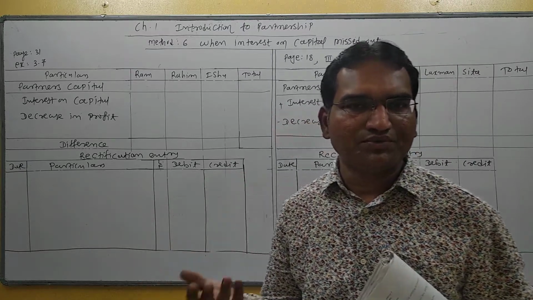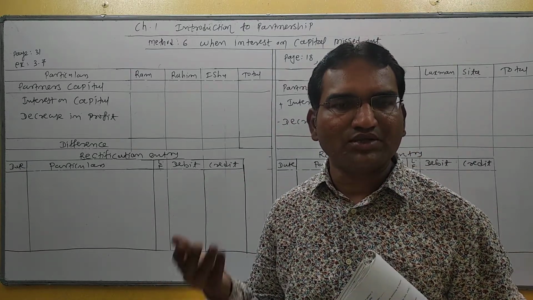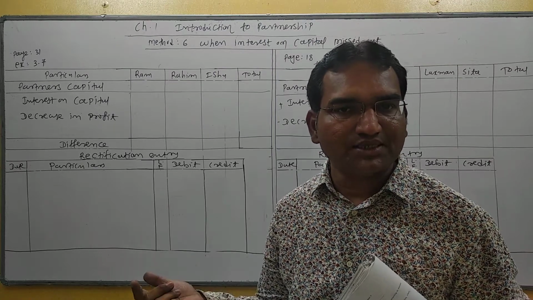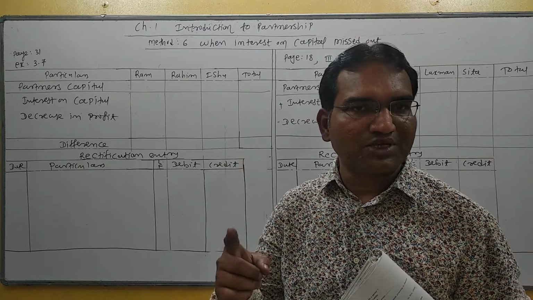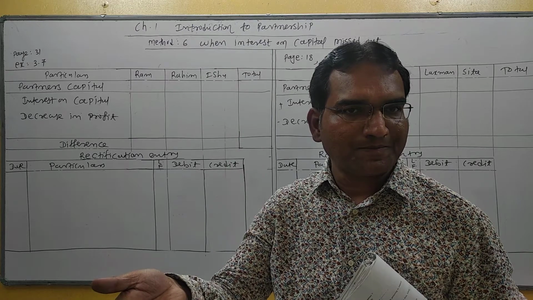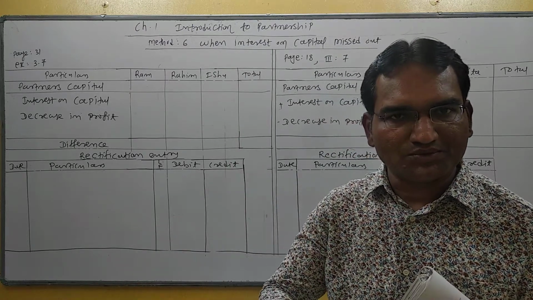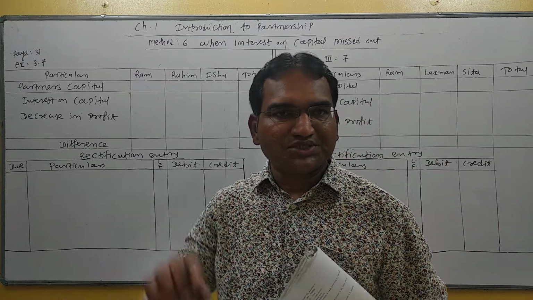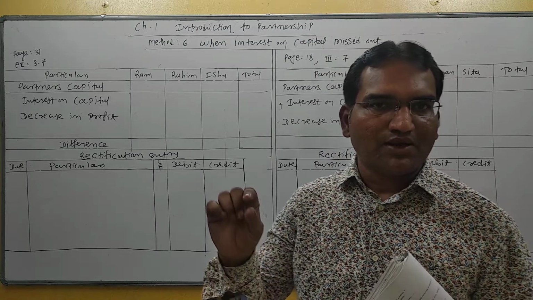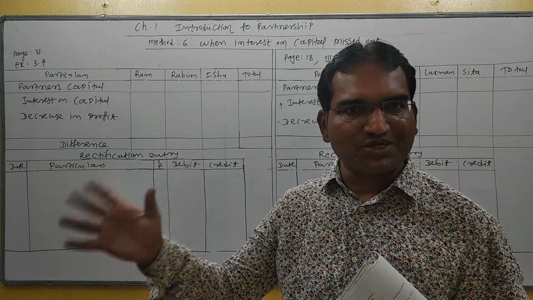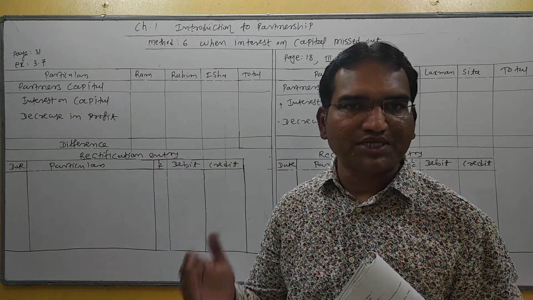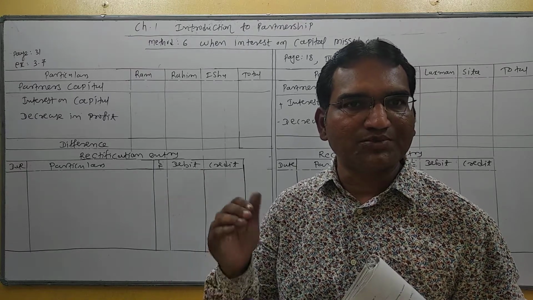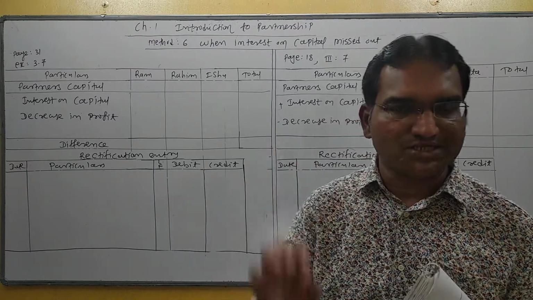So if we want to rectify this error, then this interest on capital is added into the capital and debited to P&L account. So the first effect, interest on capital added into the capital, has a plus sign, and due to interest on capital profit is going to decrease, so it has a minus.